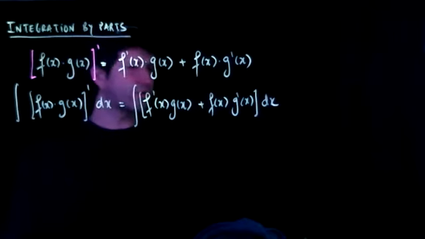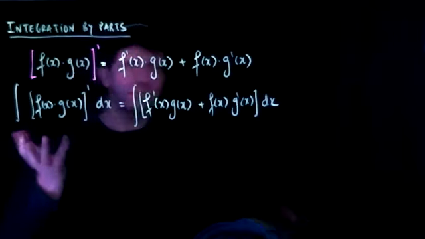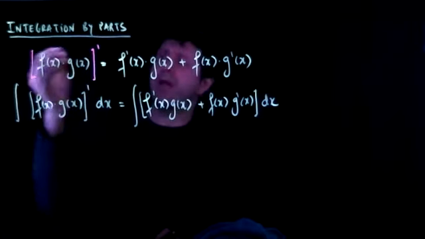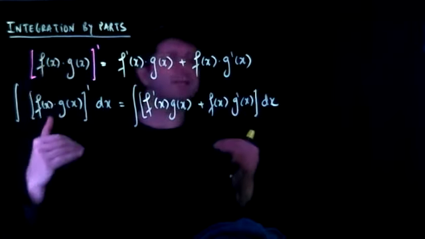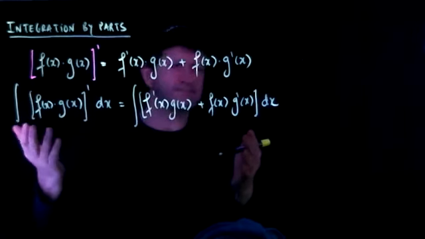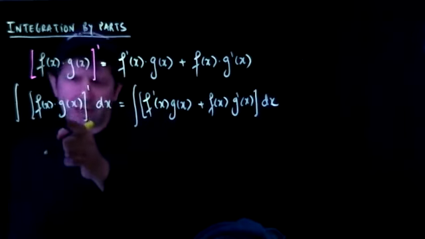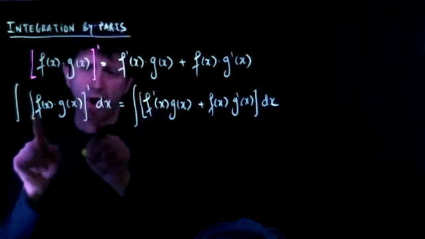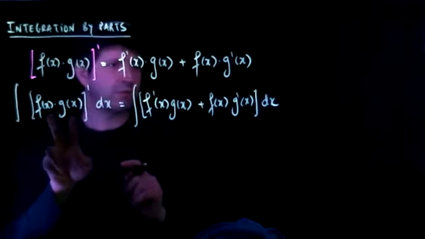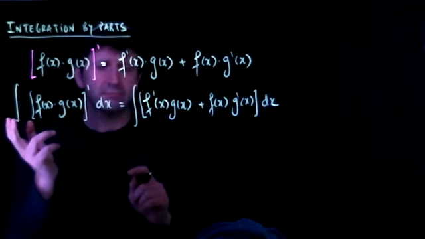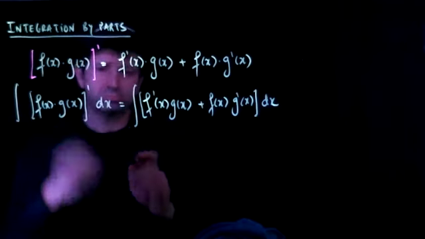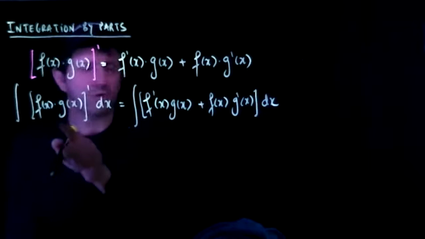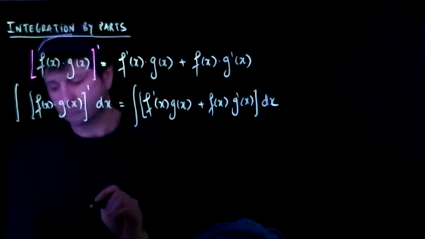Okay, so far so good. It's a bit theoretical, but there's nothing there. I started with the regular product rule, and then I'm finding the antiderivative of both sides. So on the left, I'm finding the antiderivative of the derivative of fg. What do I get if I do the antiderivative of the derivative of the function?